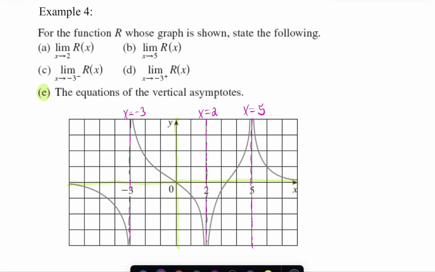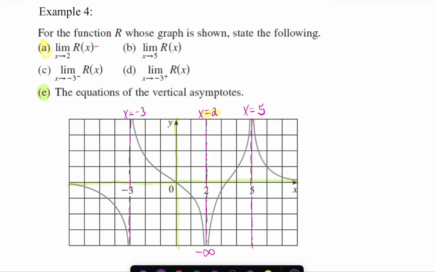Okay. Now, A is asking us to focus on 2. So if we focus on 2 right there, it is not specifying a side, so both sides have to go to the same place. Are both sides heading to the same place? Yes, both sides are heading to negative infinity.